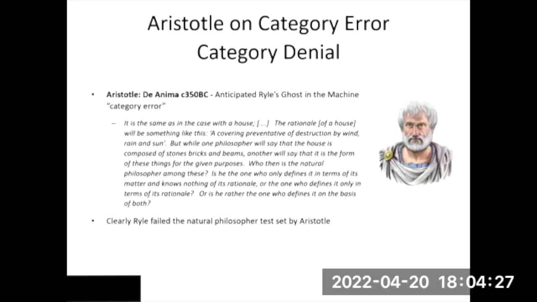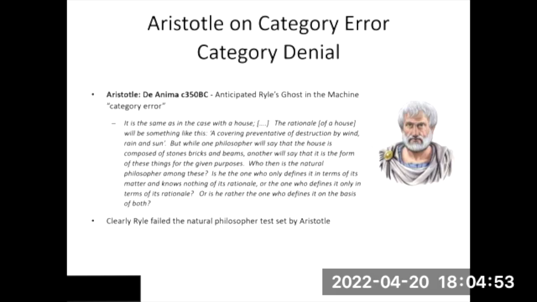Now, actually, Aristotle, if you've ever read De Anima, it's a wonderful read. But he made the same point, and this is the only bit I'm going to read out because I think it's just worth reading. He said, it is the same in the case with a house. The rationale of a house will be something like this: a covering preventative of destruction by wind, rain, and sun.